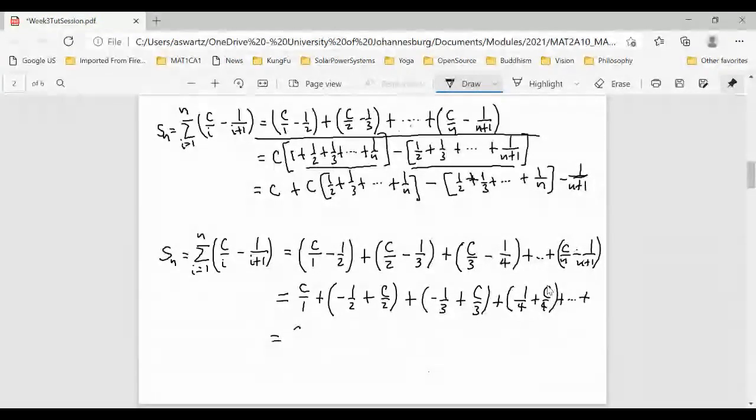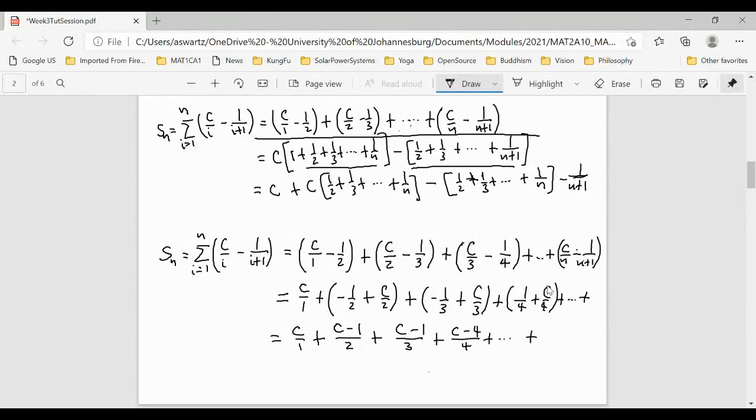And so this is going to give me c divided by 1 plus c minus 1 divided by 2 plus c minus 1 divided by 3 plus c minus 1 divided by 4 plus.